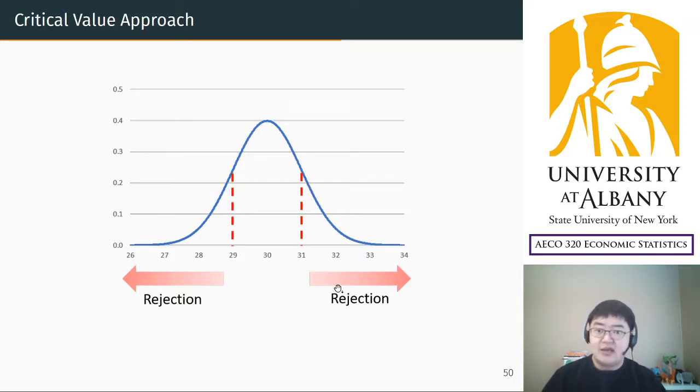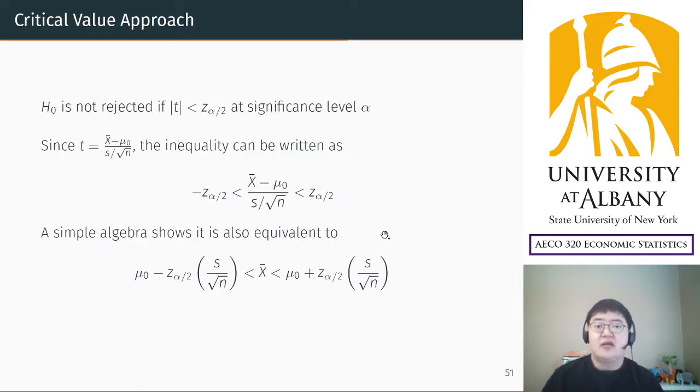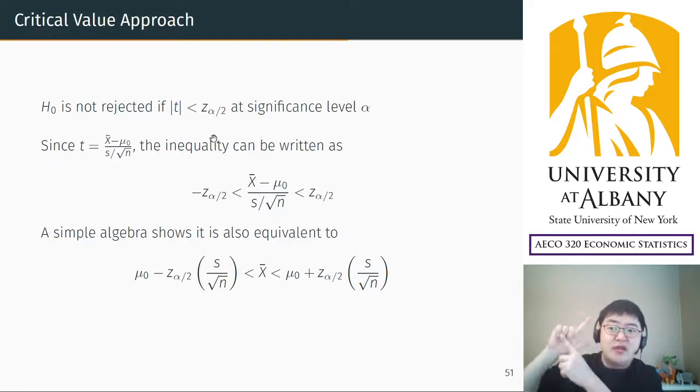Okay, that's the idea. And then how do we choose the decision rule? How do we choose the critical values? It is coming from the t-statistic. As I said, the p-value requires 3 steps to calculate, and we reduce 1 step to calculate the t-statistic.